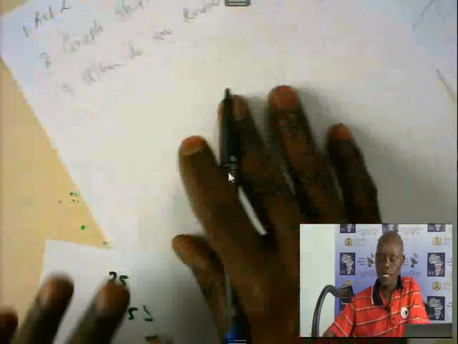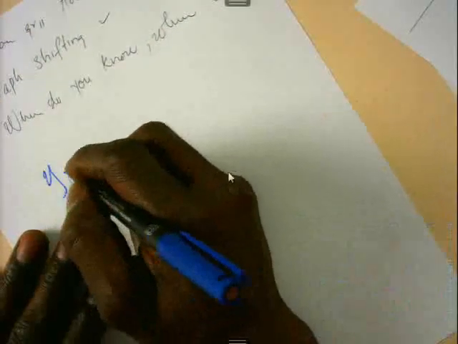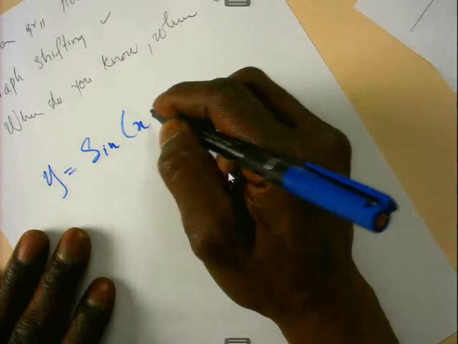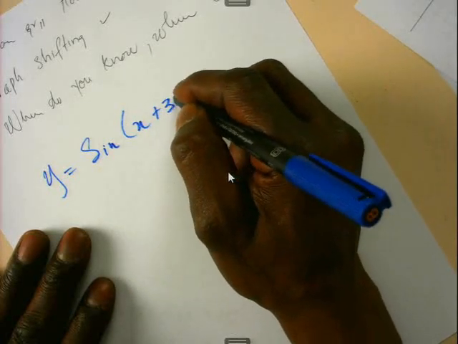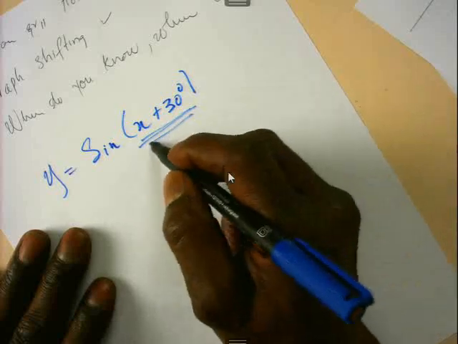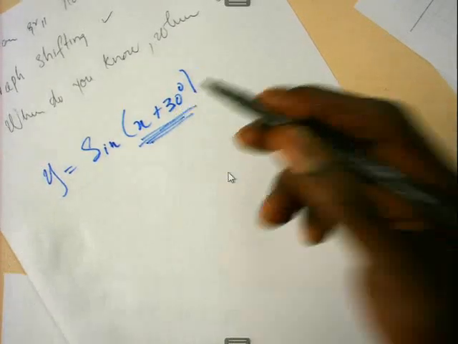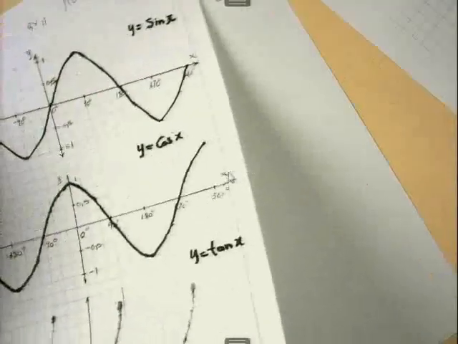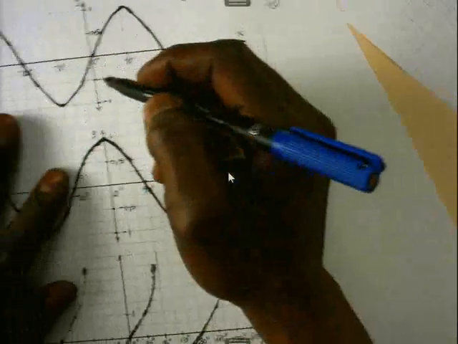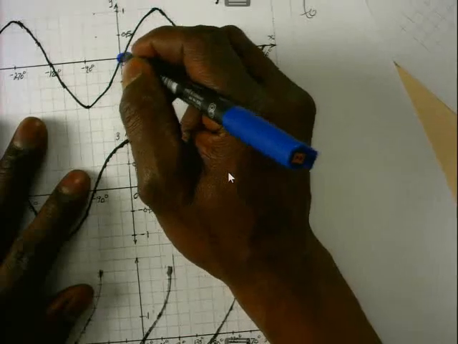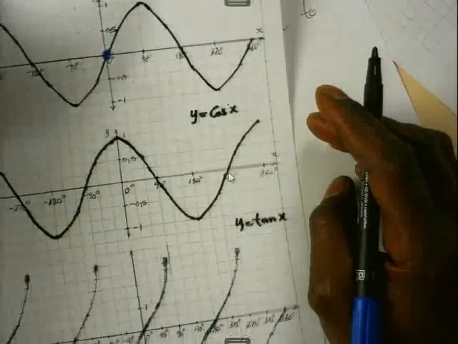Suppose you have the graph of y equals sine of x plus 30 degrees. We are saying, when will this bracket be 0? Why are we referring to 0? We are actually tracing this point here. What will happen to this point if there are some changes?